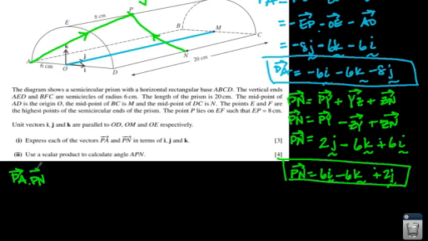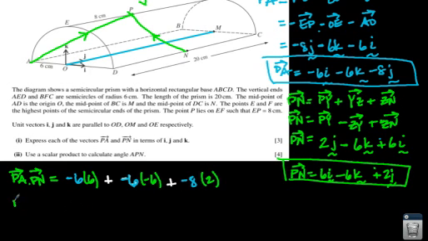dot PN, so this is the dot product of PA dot PN, and that equals, and I'm going to match the colors up, so I'm going to multiply the coefficients of unit vector I, so there's negative 6 times 6, and remember the dot product is just the sum of the products of each component, plus negative 6 times negative 6, plus negative 8 times 2.